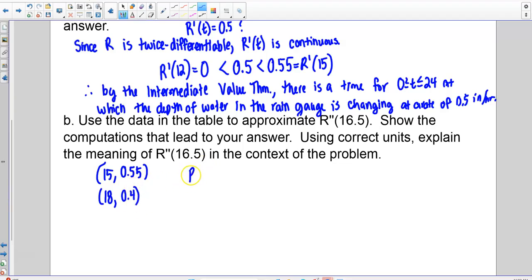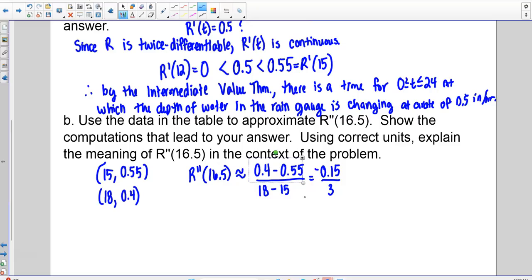So we'll say r double prime of 16.5. It is best to use a squiggly equal sign here because this is an approximation. And then just do slope formula. So 0.4 minus 0.55 over 18 minus 15, which is going to give us negative 0.15 over 3.